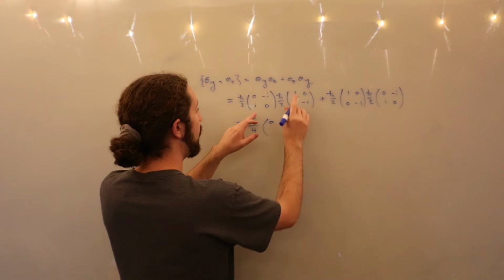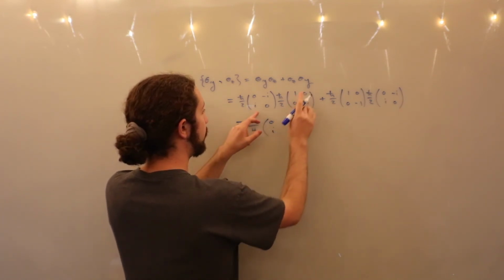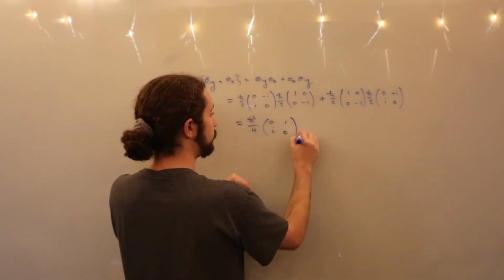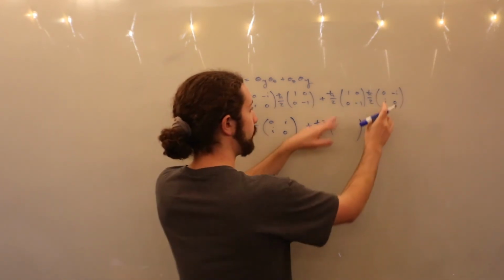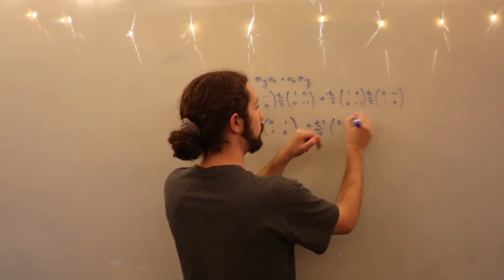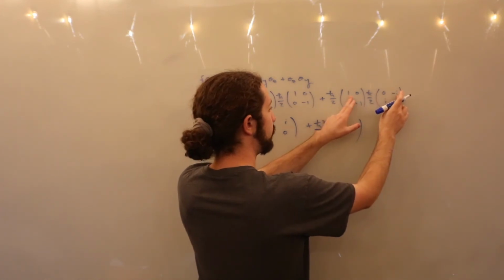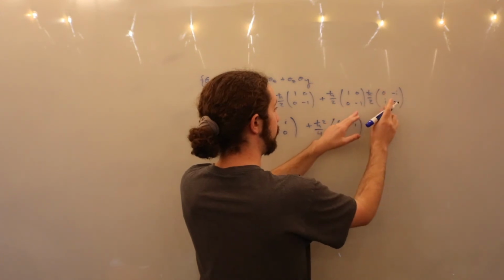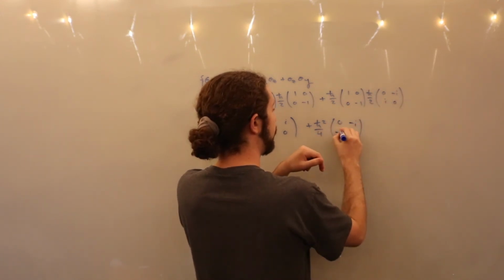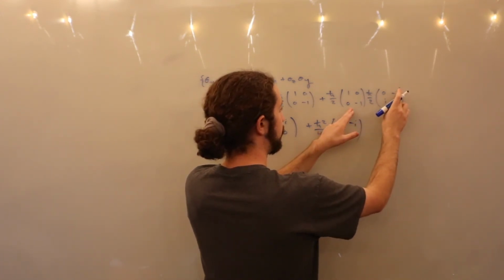Then we're going to have an i, and a 0, plus h bar squared over 4 times 0, minus i, 0, or minus i, and 0.